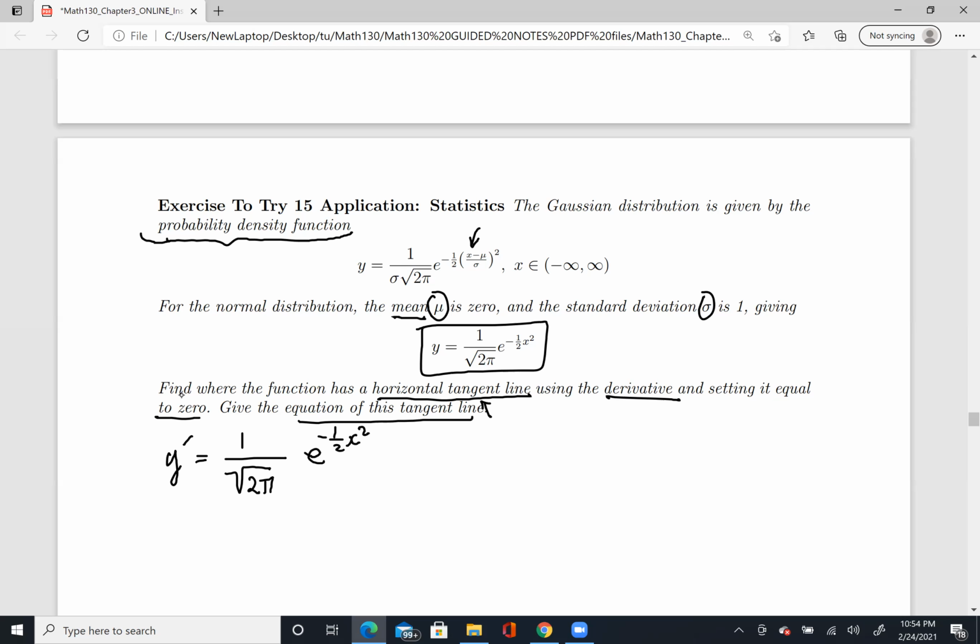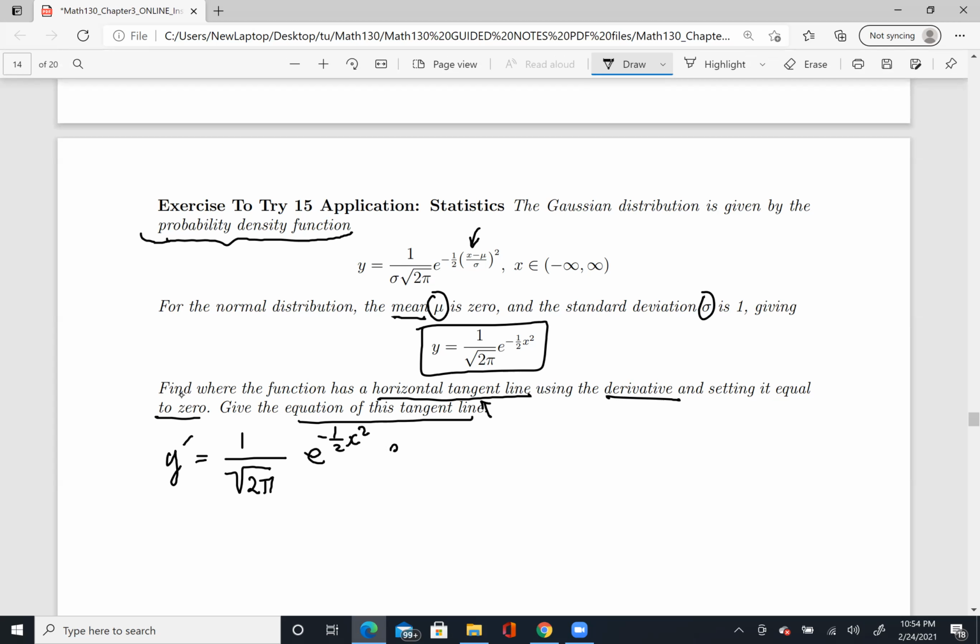So I'm gonna have to take the derivative of it also. So I'm gonna rewrite it as d of negative 1/2 x squared over dx.